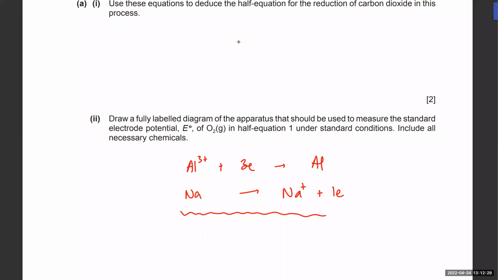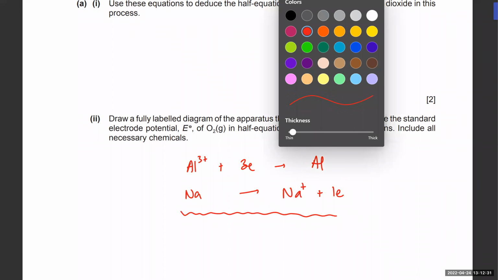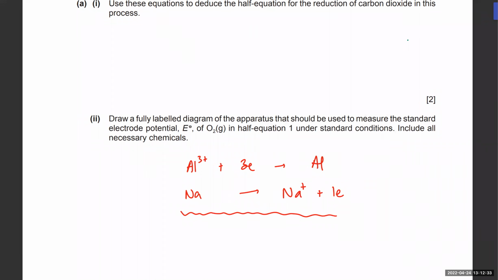So how do you make the full equation? Reduction plus oxidation. The first thing is you balance the number of electrons gained and lost. So you multiply one of the reactions by 3. Once you do that, you add up the reactants and the products.